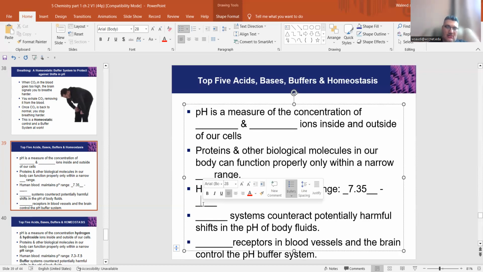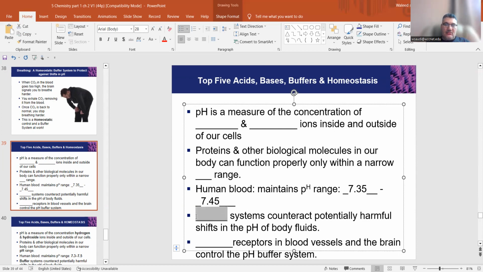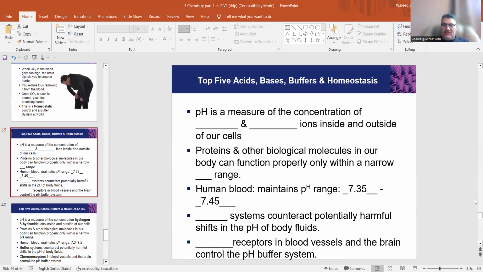Yes, 7.35 to 7.45. What is the system that counteracts the harmful shift in the pH? What do you call that system? Buffer. It's the buffer system, yes. The buffer system.